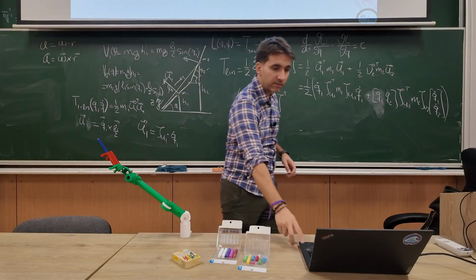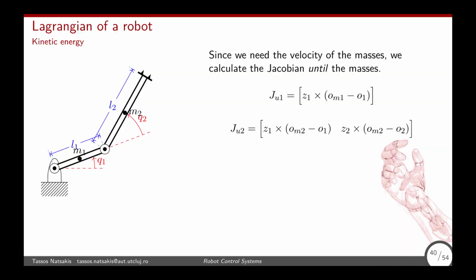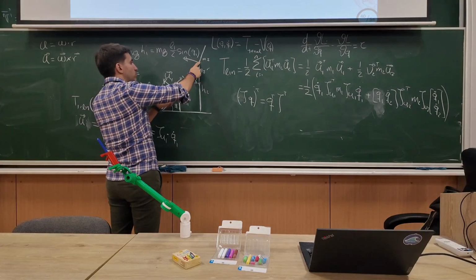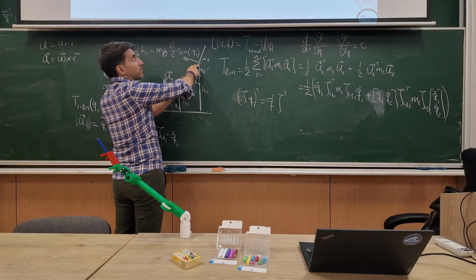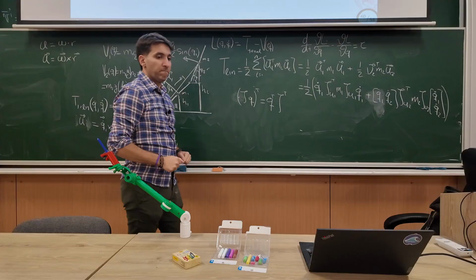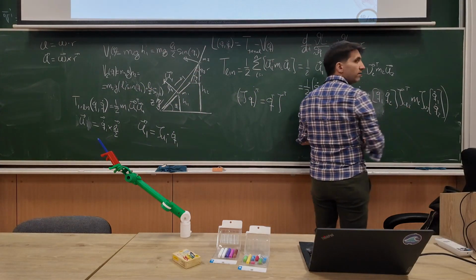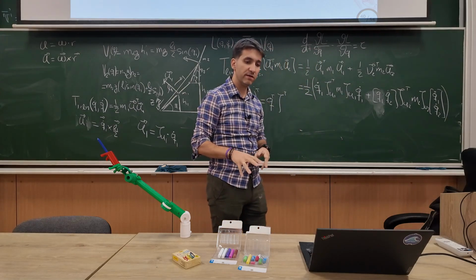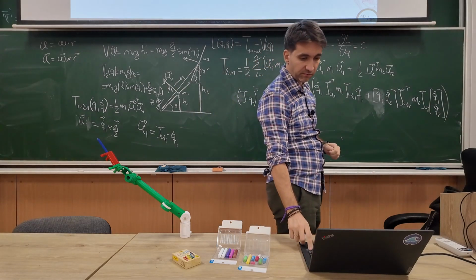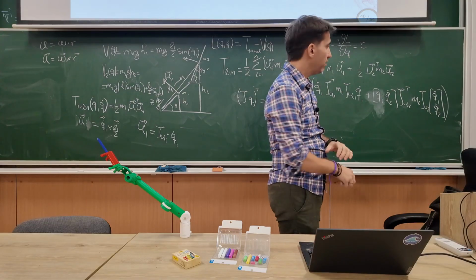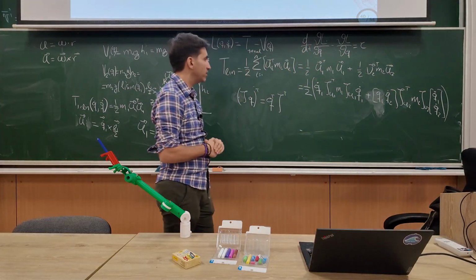And for the second one, it will be mass 2 minus O1 on the left and mass 2 minus O2 on the right. So these two Jacobians are not the same. They're similar in a way, but they're not the same. That's the first thing we need to discuss.